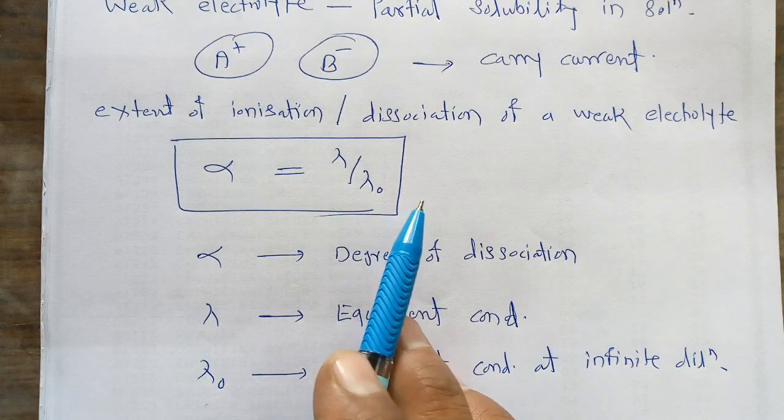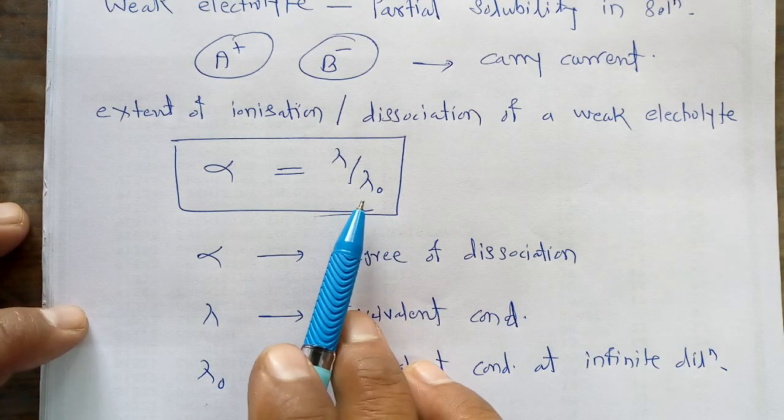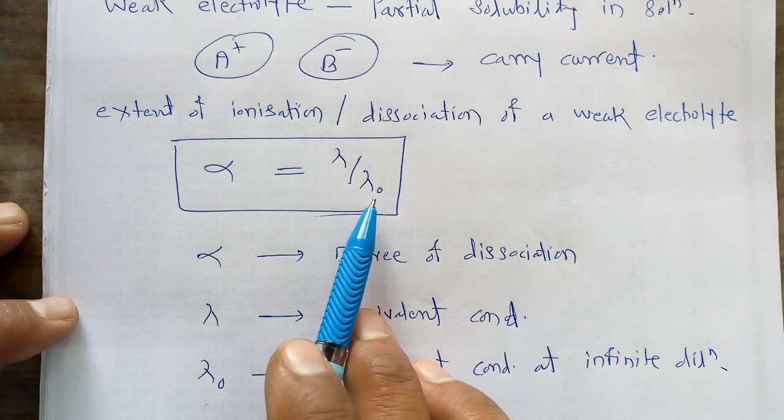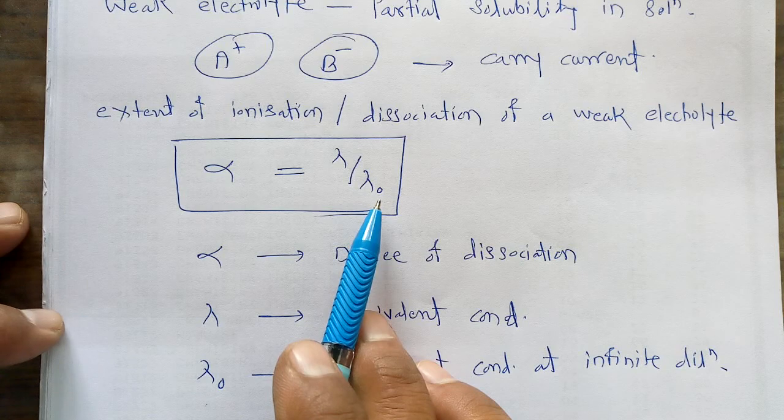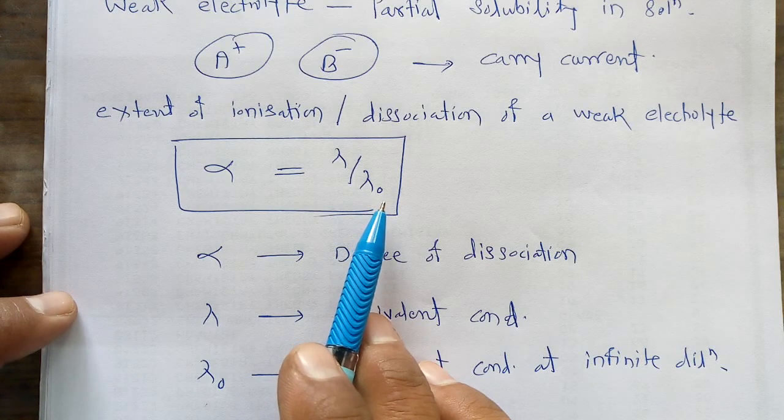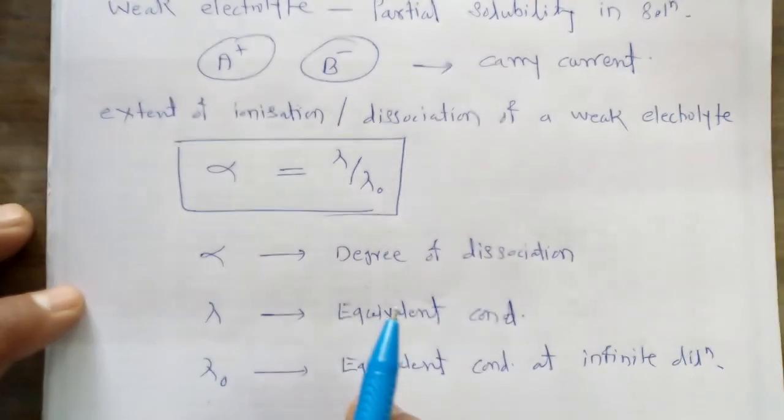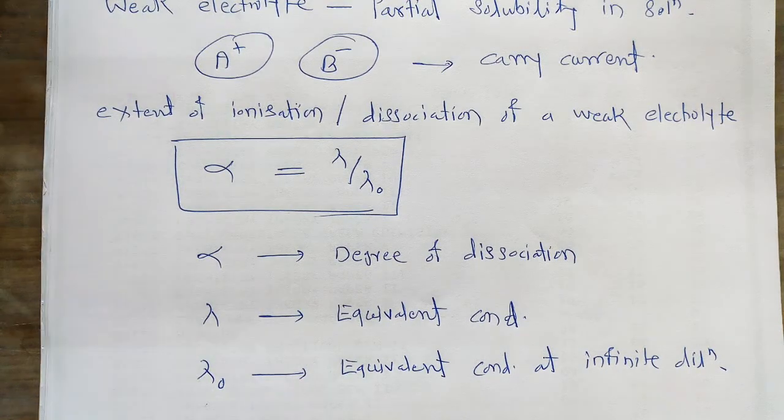Why is this so? Because whenever lambda 0 is maximum, at that time the degree of dissociation is the minimum. So this is the case of degree of dissociation for this particular weak electrolyte.